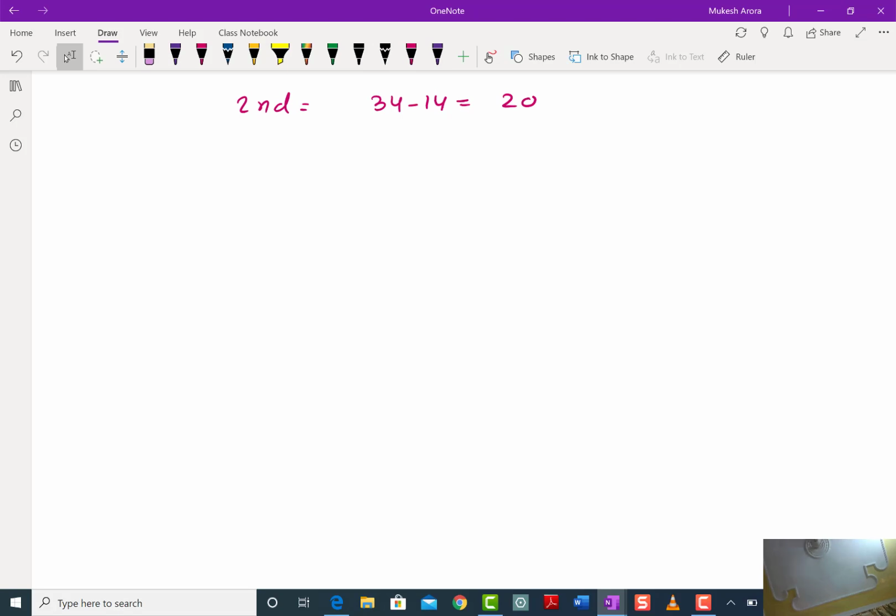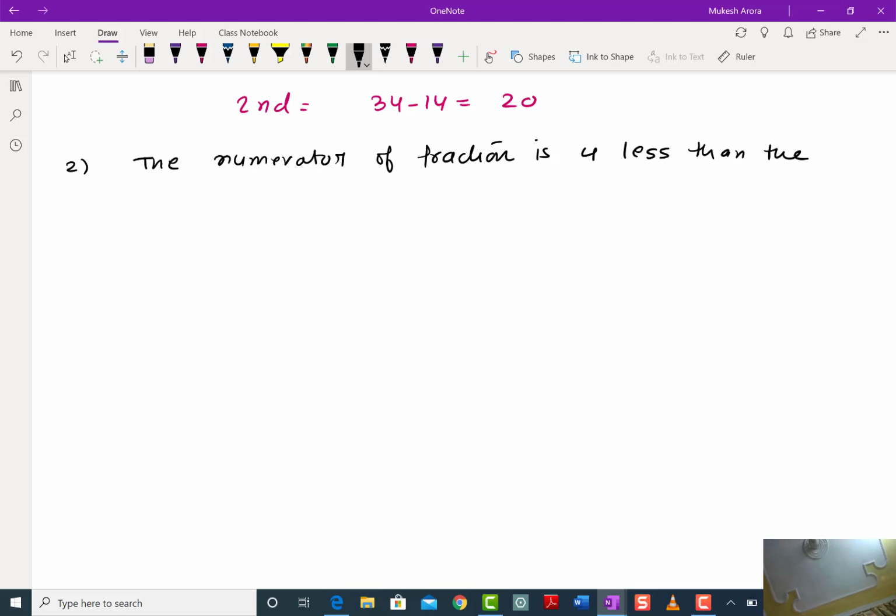The numerator of a fraction is 4 less than the denominator.